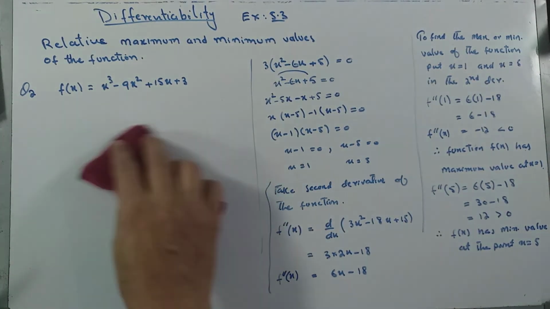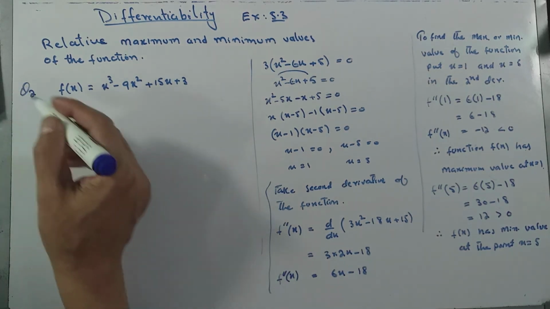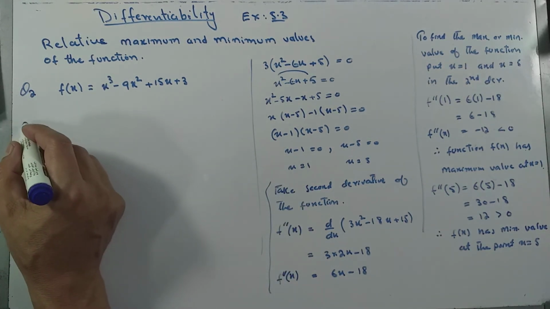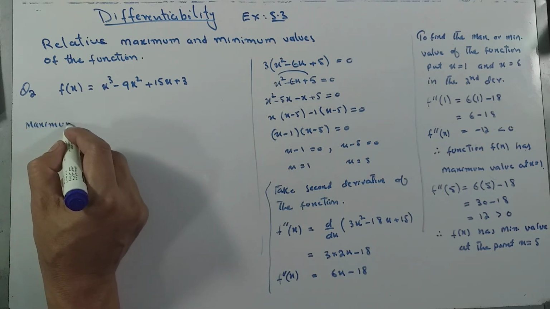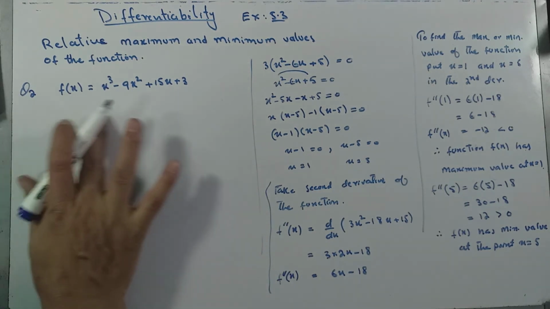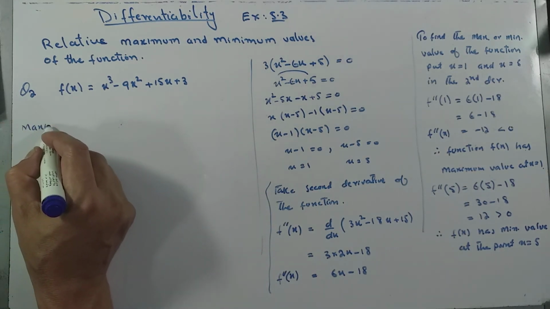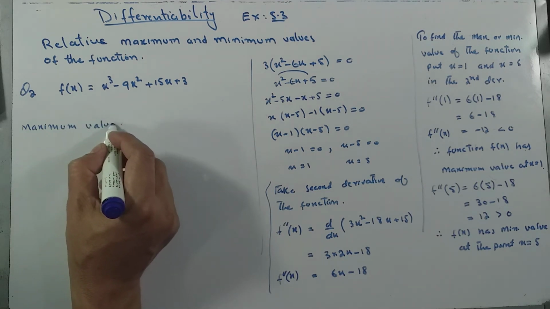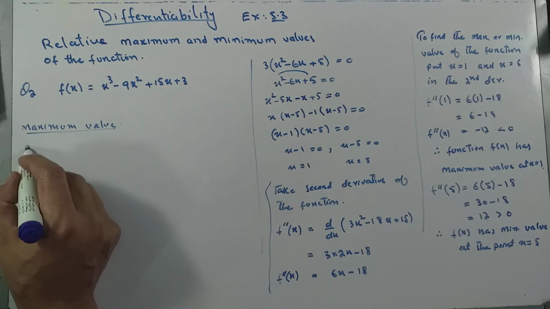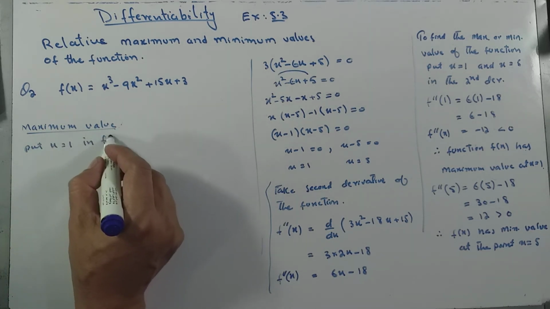Now to find the maximum and minimum value. First the maximum value. For maximum value, put x is equal to 1 in f of x.